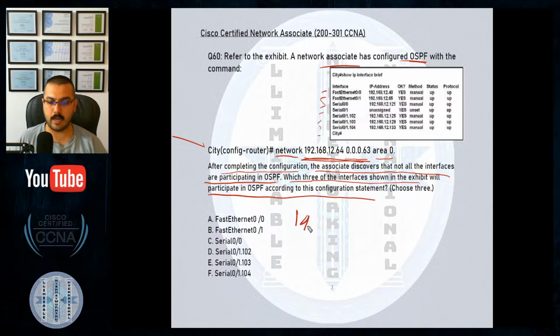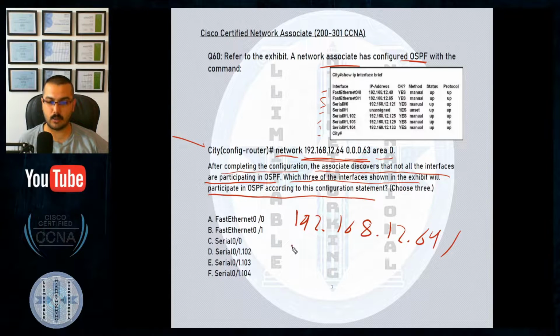This network is 192.168.12.64, and this is the wildcard mask. To convert a wildcard mask to a subnet mask, you will need the equation of 255 minus each octet.